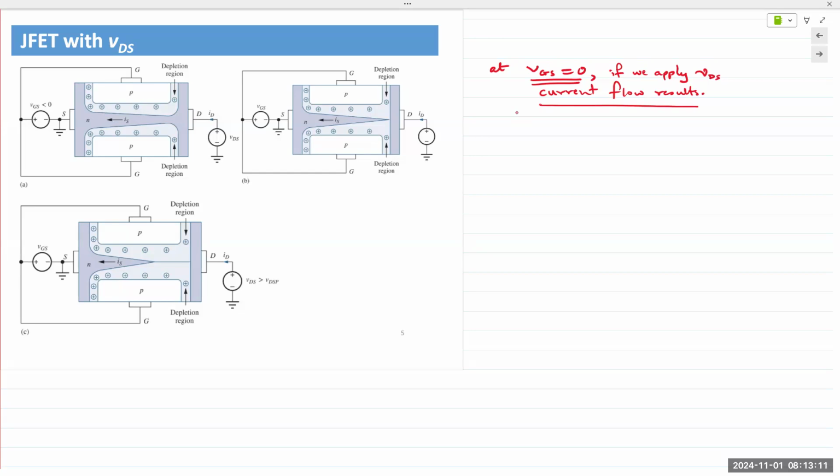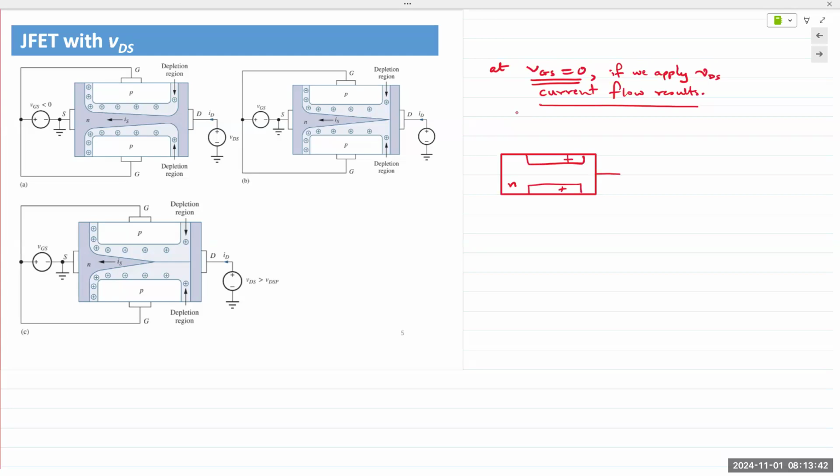Okay. You guys with me so far? Channel is open. You're applying a positive bias. Electrons are attracted. Current is flowing through the channel. But what happens here? It's an N channel, right? So let me just draw another illustration right here. This is N-type material, and you have P-type material here.